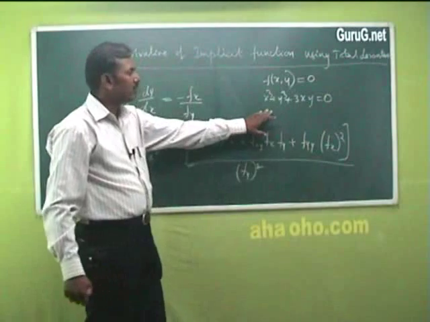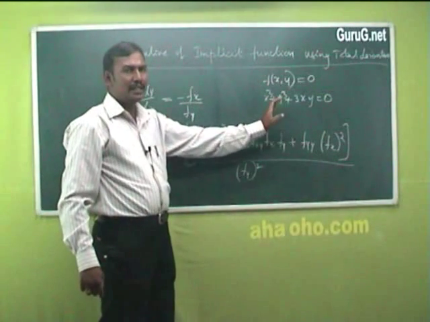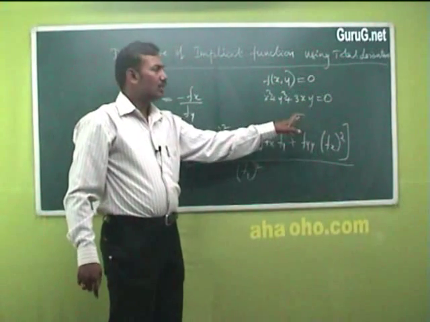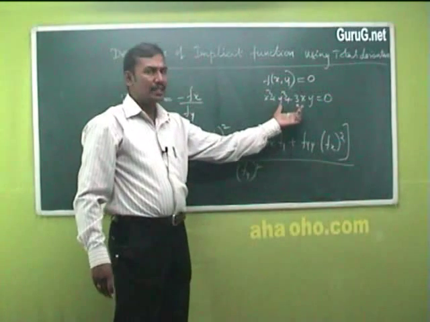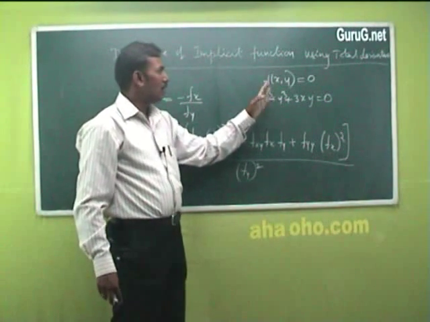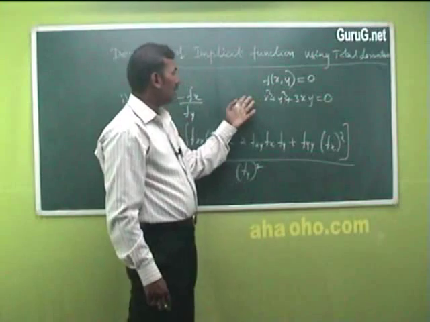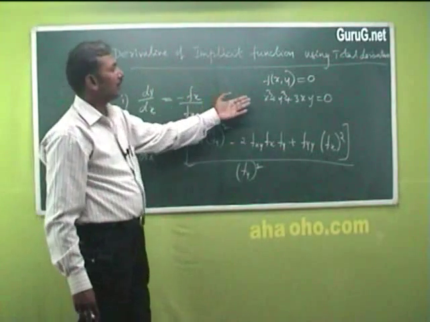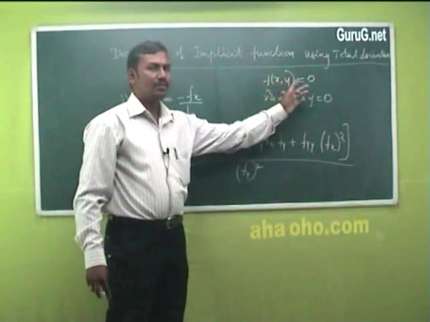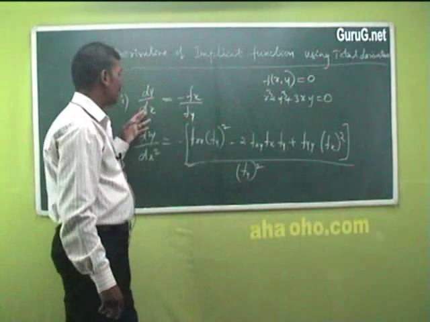It is an implicit function, where x and y are related by some expression. Whenever the expression is given like this, we can use partial derivatives for finding the differentiation of this implicit function using these formulas.